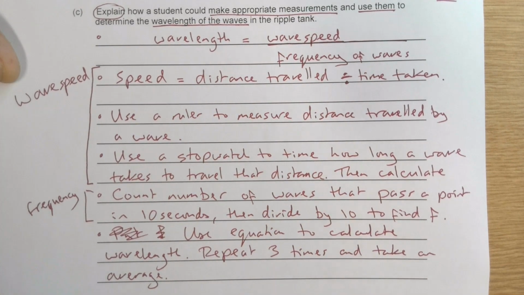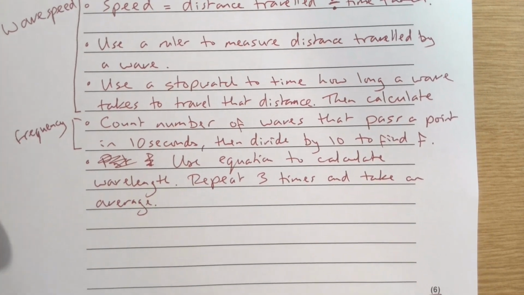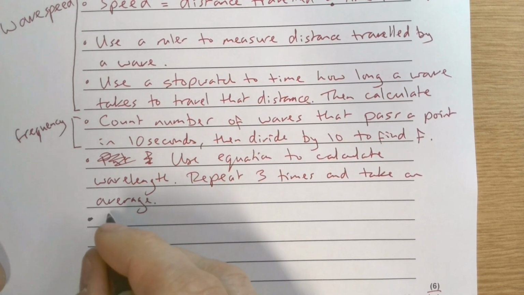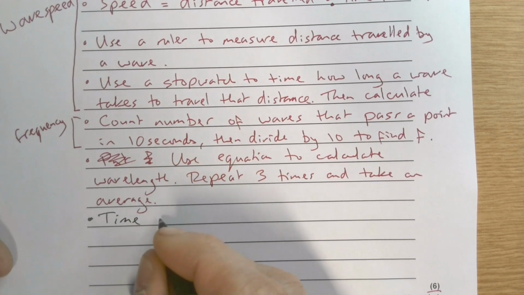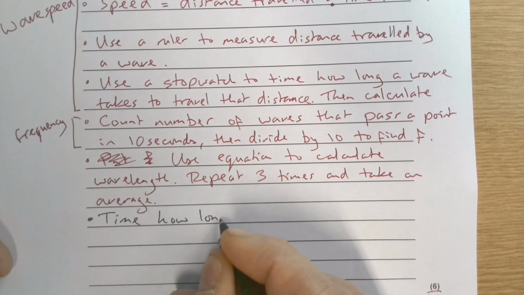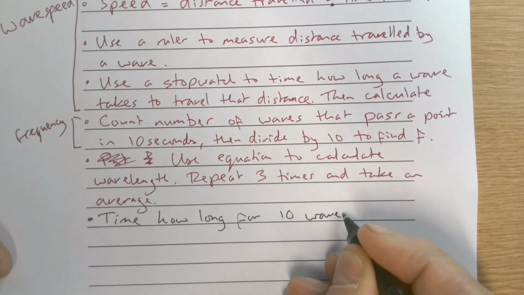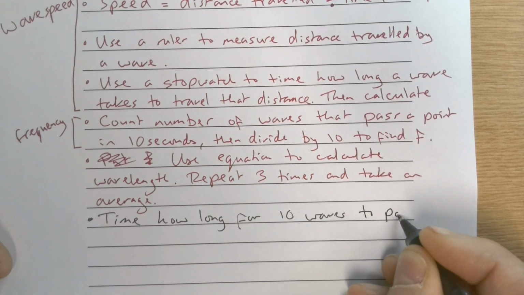Now, I might have said here a slight alternative way to find frequency, a better way of finding frequency. You could time how long for 10 waves to pass a point.